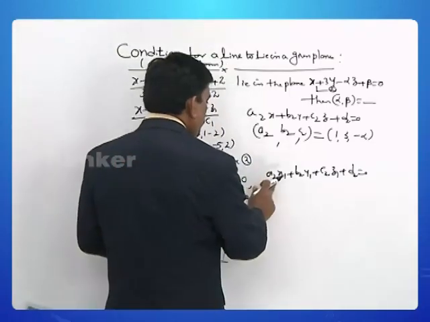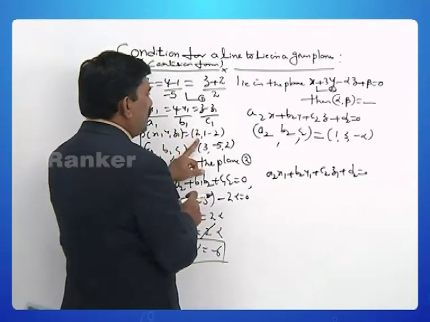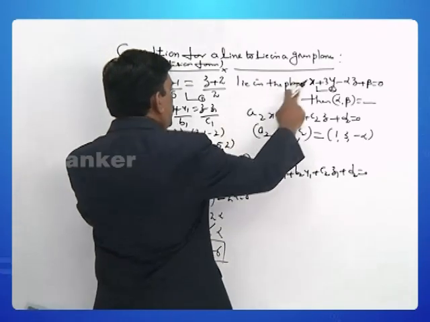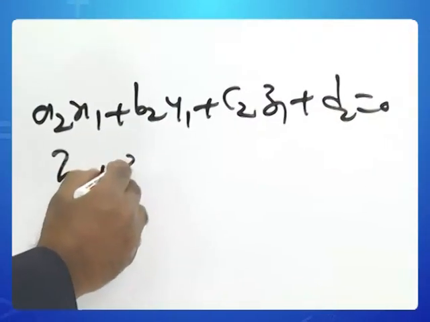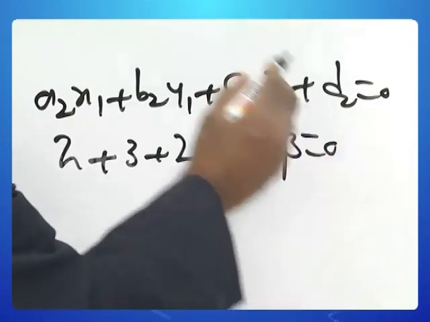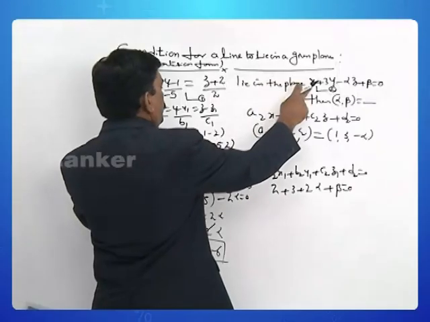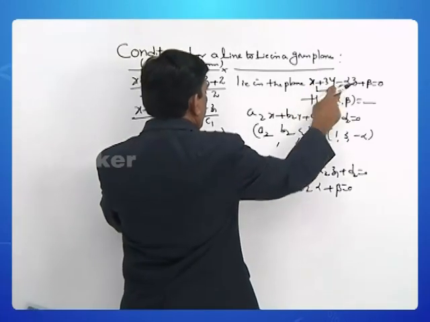Then there comes a2 x1. This is x1 y1 z1. Take this point, substitute here. So therefore, 2 plus 3 plus 2 alpha plus beta is equal to 0. Once again, 2 into 3, 3, minus 2 into minus, plus 2 alpha.